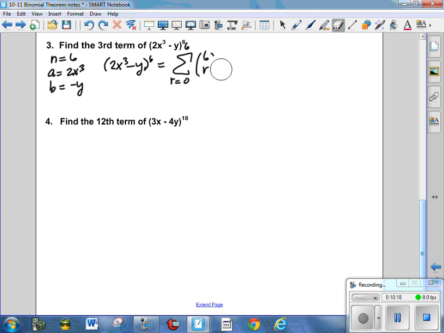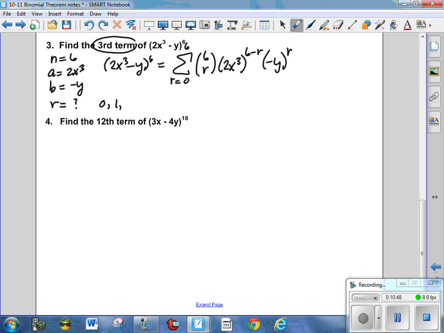So a is, oh shoot, I didn't mean to erase, 2x cubed to the 6 minus r and negative y to the r. Now if I want the third term, what does that mean r equals? It's not 3, because you start counting where? You start counting with 0.